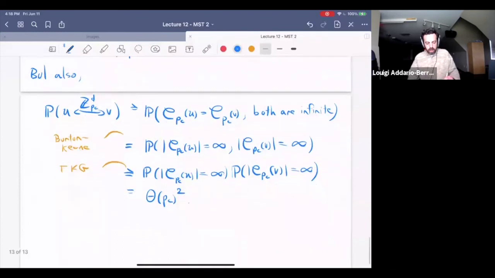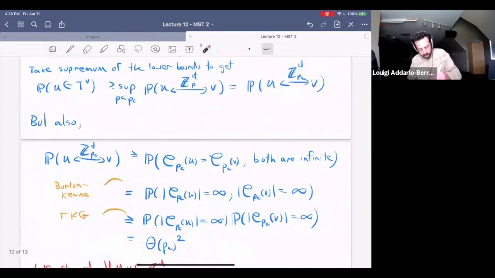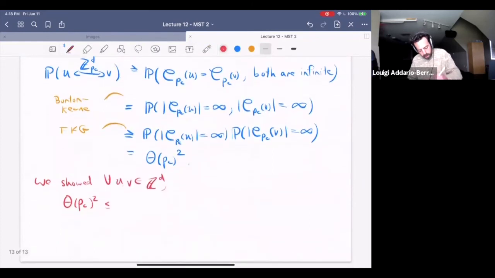Okay, so what have we shown? We showed that for any u and v in the lattice, theta of PC squared is at most, chaining this inequality with this inequality, the probability that u is in TV, right?